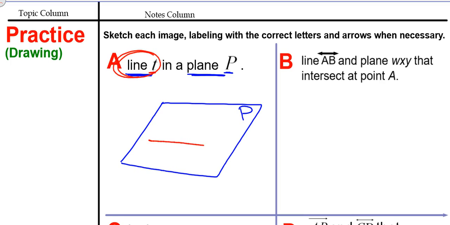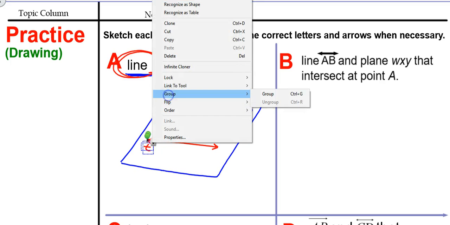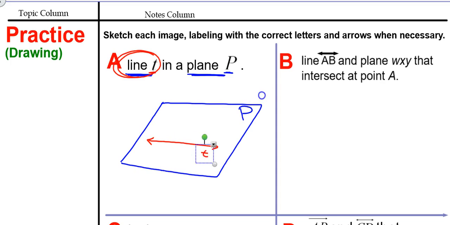So we're going to draw a line, arrows on both sides, and there's no point by that T, it's just a floater. We're going to put it on the end. We can put it on either side of that line, and that's a good question.